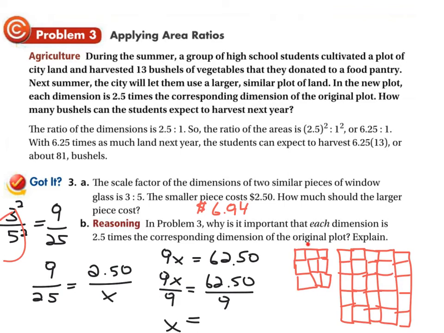So only going in one of the two directions by 2.5 would really only get it 2.5 times bigger. I use 3 to 5 for simplicity's sake, but in order for you to square the scale factor, you need to be making both dimensions that much bigger by that scale factor. Okay, cool. Let's keep going.